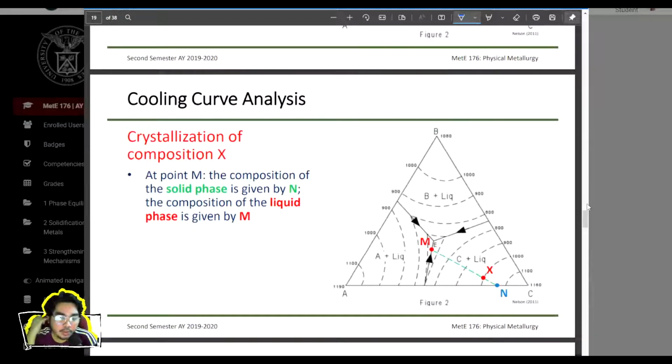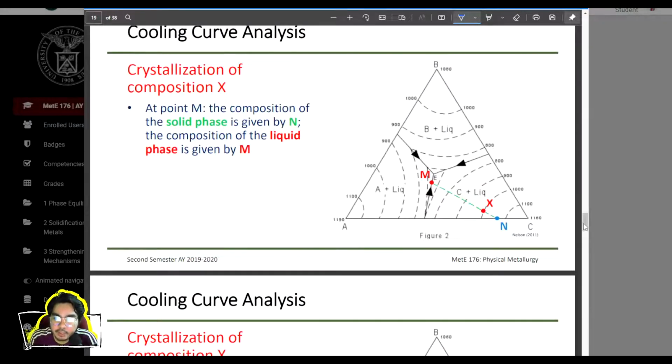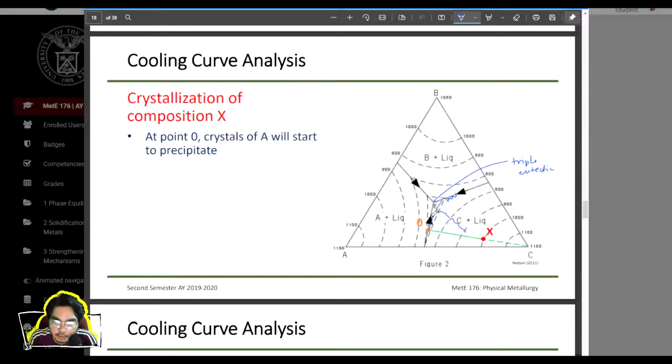Now, if you want to go further down the line, if this is 650 here, and 670 there, then you can also go further down this line right here. Like that. So it also has 670, 660, 650, 640 until you arrive at the triple eutectic.